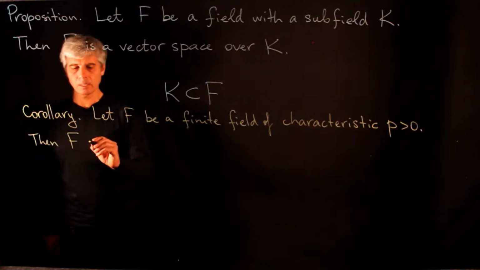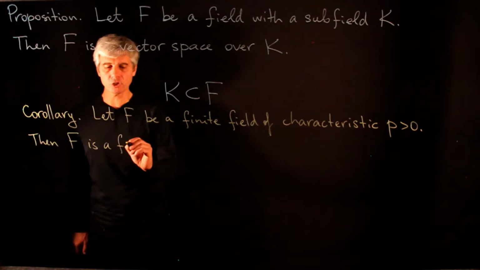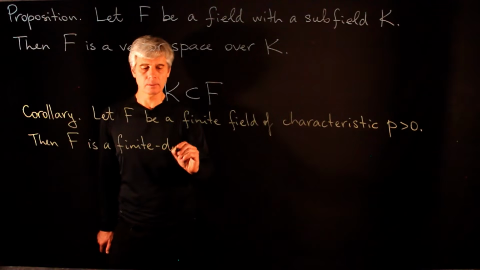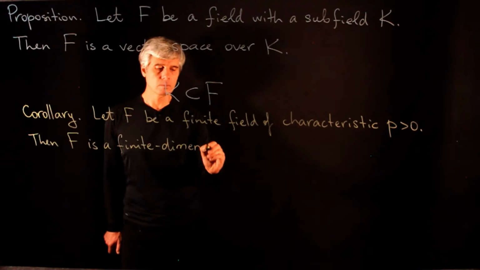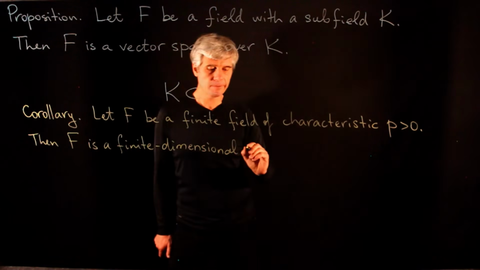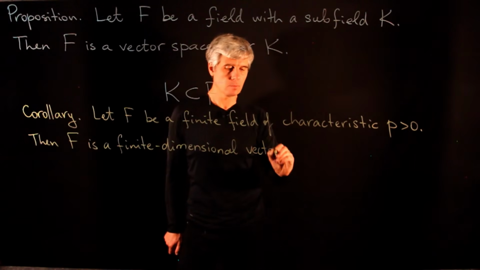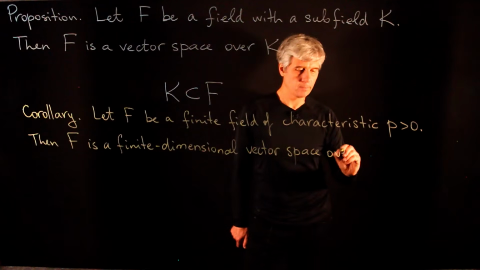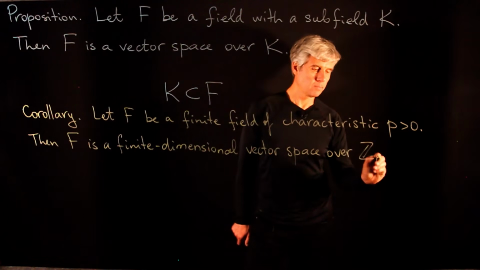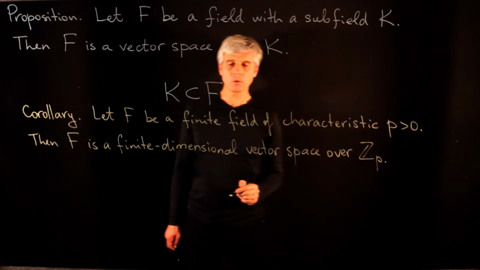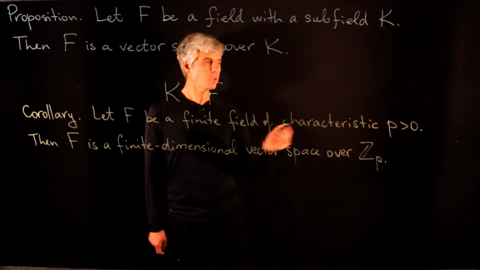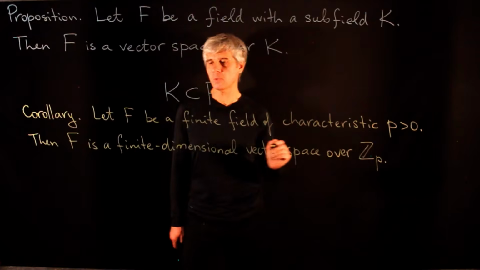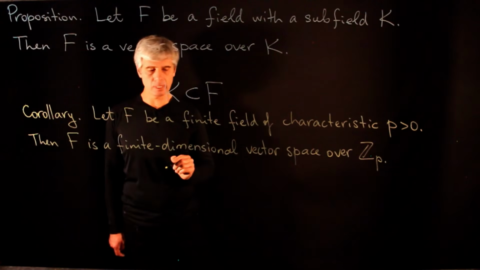Then F is a finite dimensional vector space over Zp, right? So we proved that if we have a finite field of characteristic p, then we have Zp as a subfield.